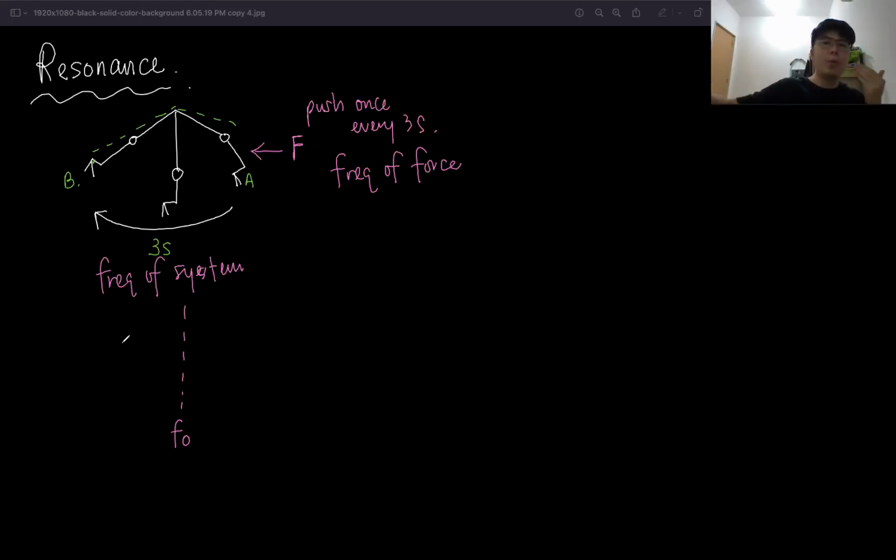The further you are away from the natural frequency, the smaller the amplitude. Okay, remember that. So even though it's not exactly the same, but it's very close, the amplitude will still increase. It doesn't mean you have to be exact. There's still resonance, and the amplitude will increase.